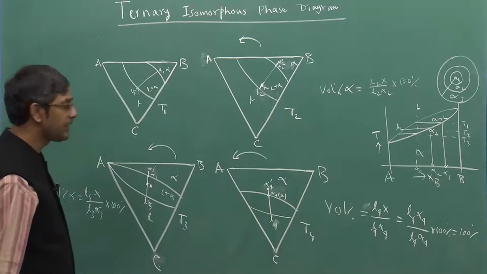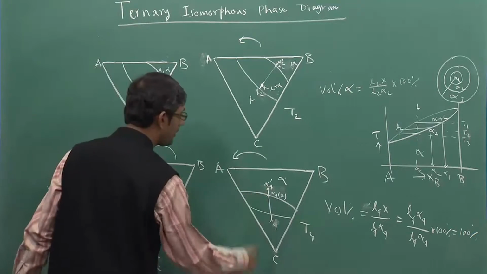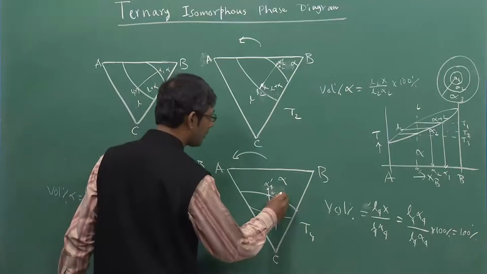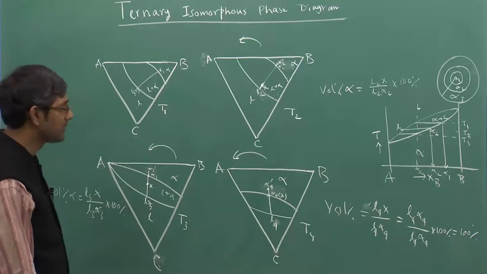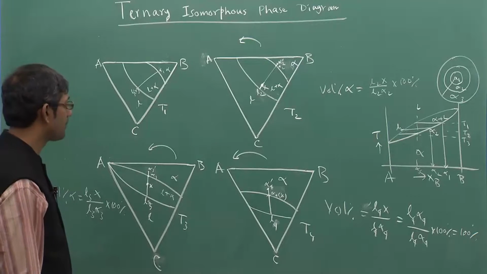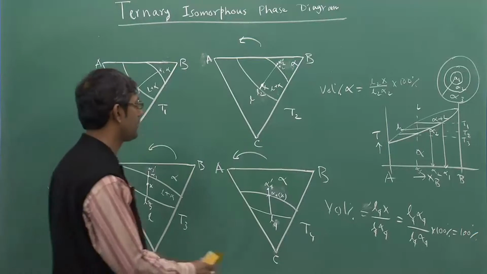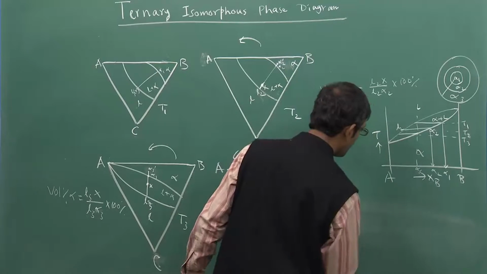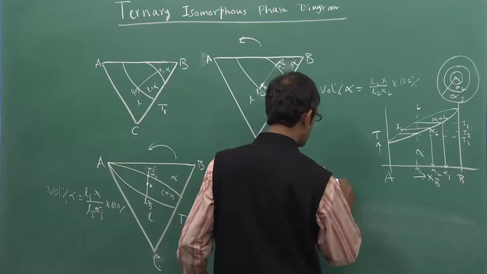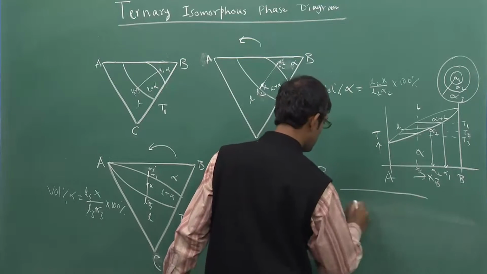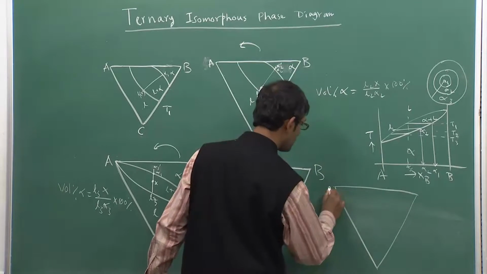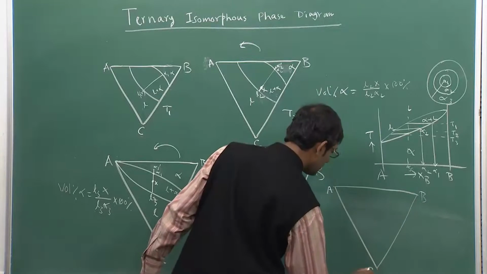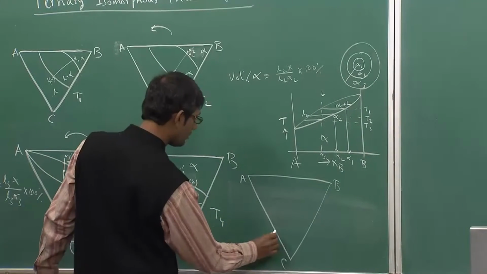As you clearly see, the solidification will not get over at alpha 4 or T4, it will go down to a lower temperature than T4. I need to draw another section, and this will be a little bit down.